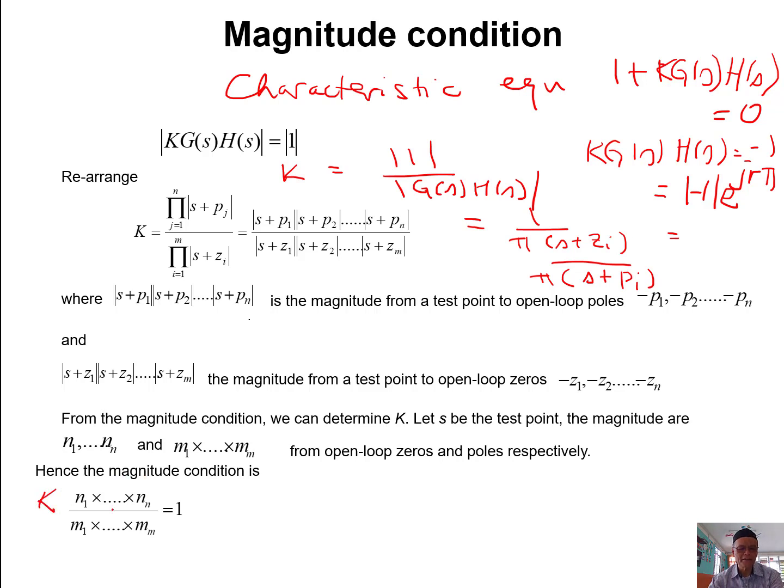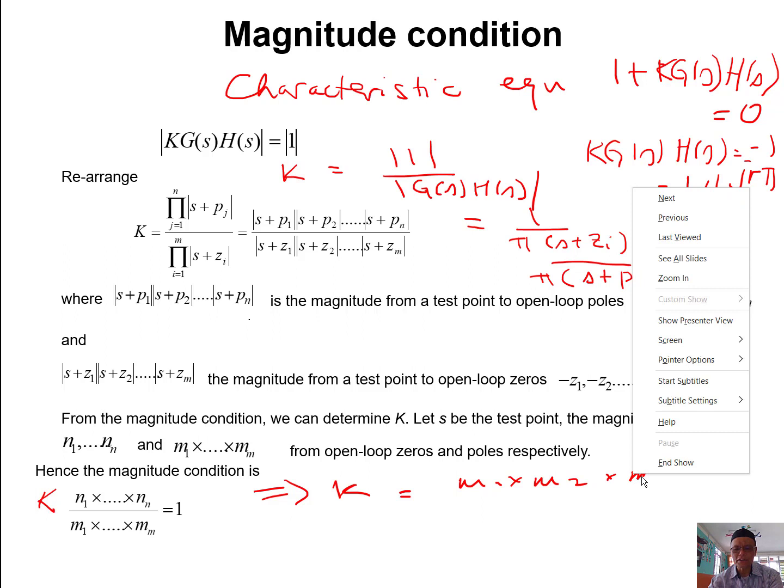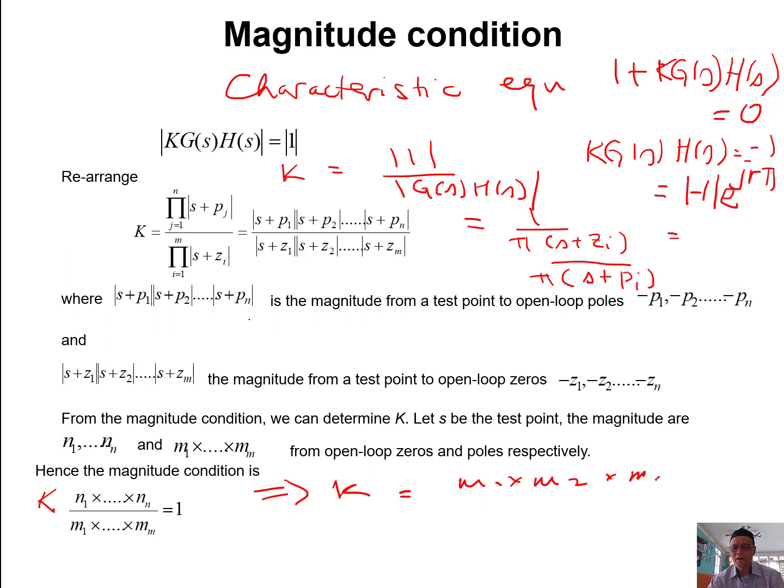K is equal to M1 multiplied by M2 multiplied by M3 and so on, divided by the magnitudes of the zeros, N1 multiplied by N2 multiplied by N3 and so on.